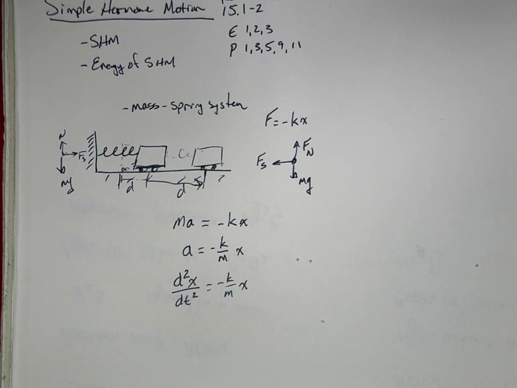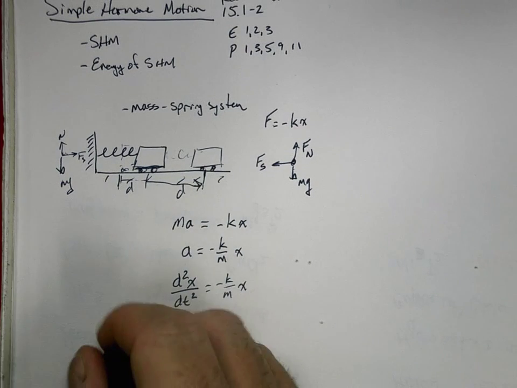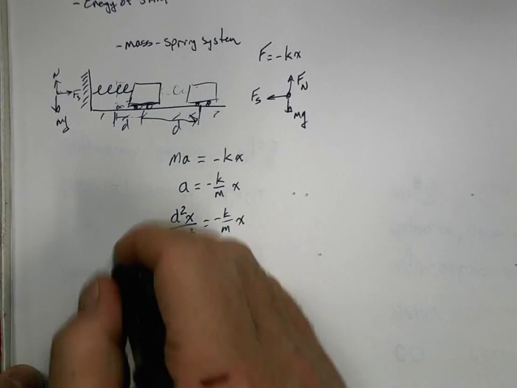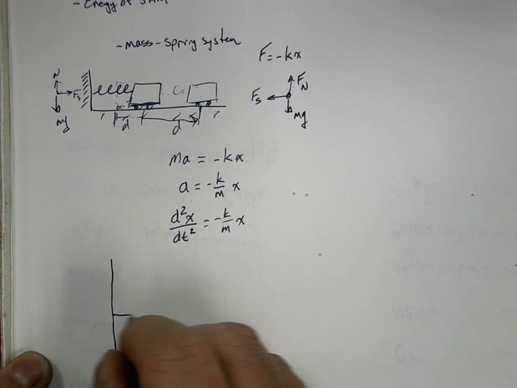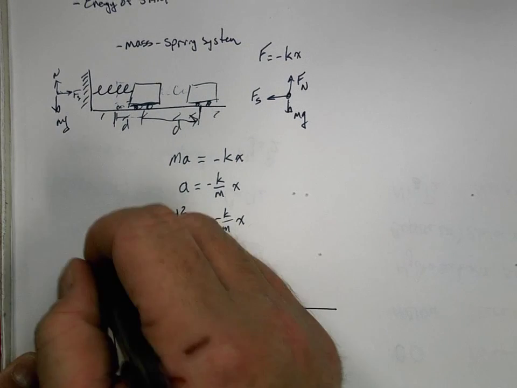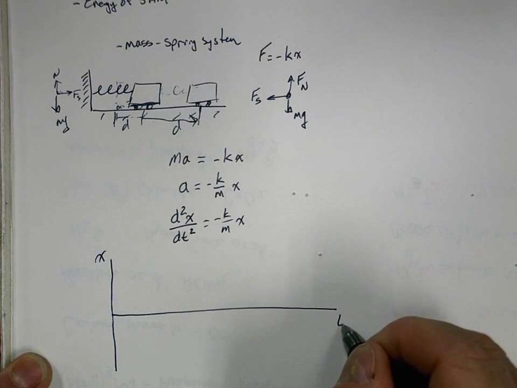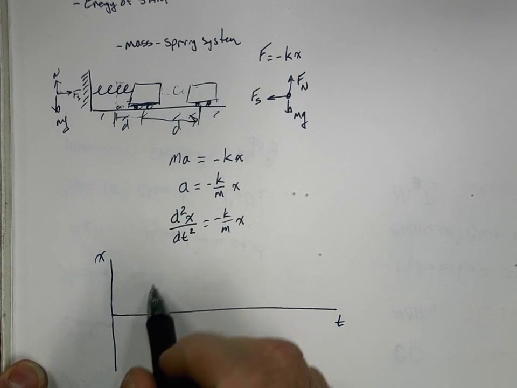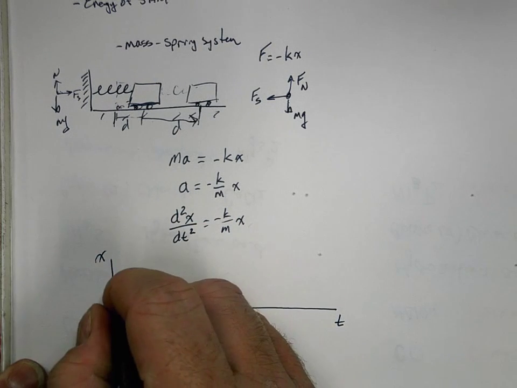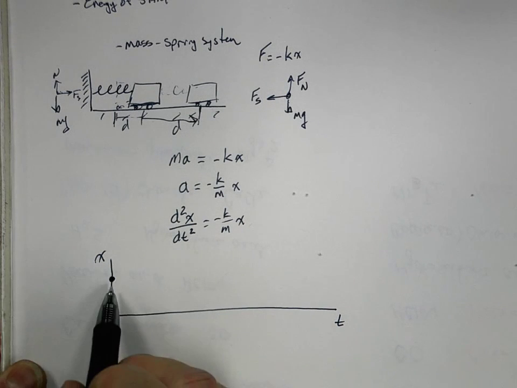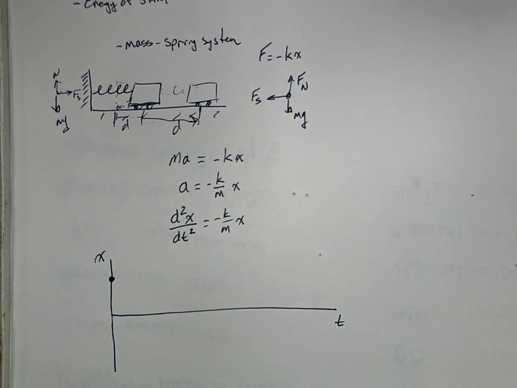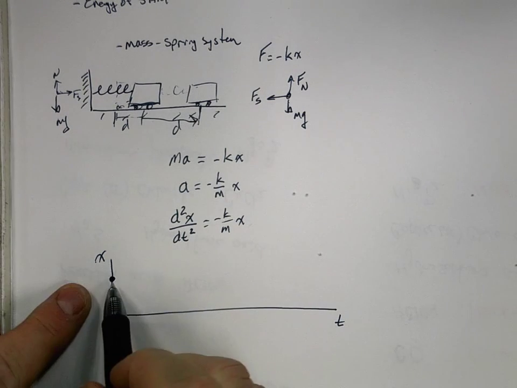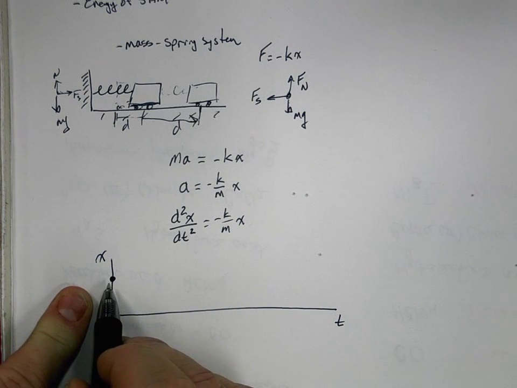Now, it is actually possible to graph this, and we get a graph that looks like this. If this is our displacement and this is our time, at time 0 we stretch this thing out and give it a positive displacement, as far as it'll go, and then we let go.